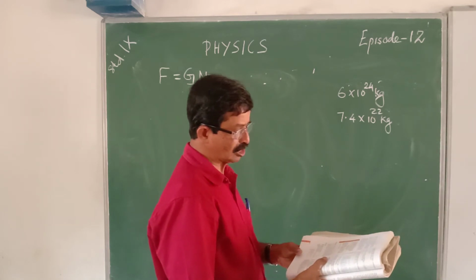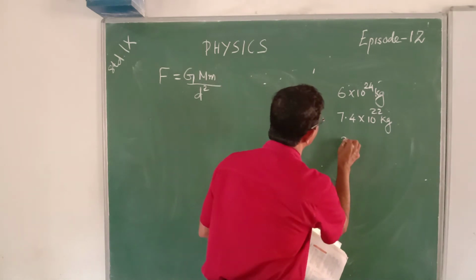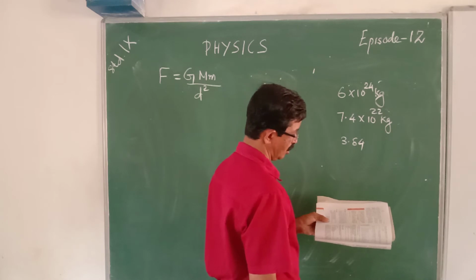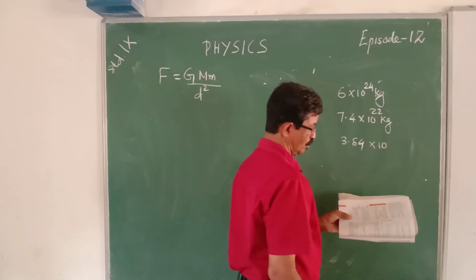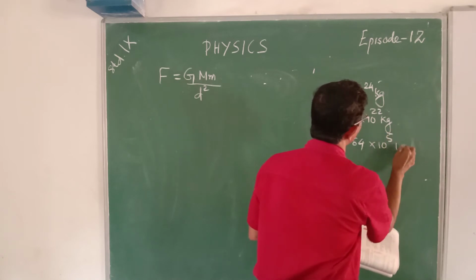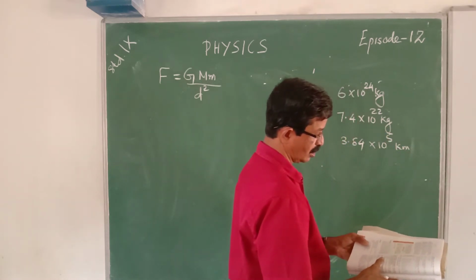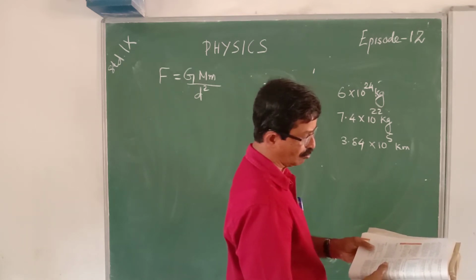If the distance between the earth and the moon is 3.84 into 10 raised to 5 kilometer, calculate the force exerted by the earth on the moon.